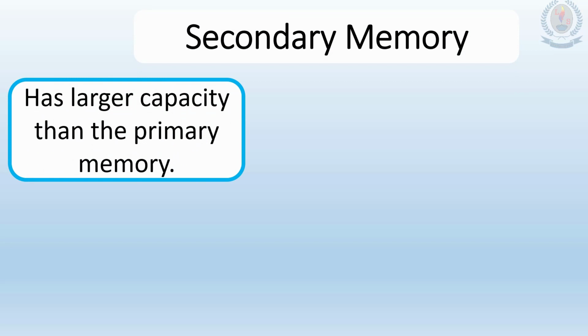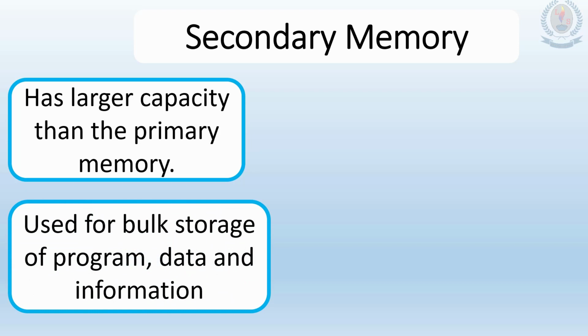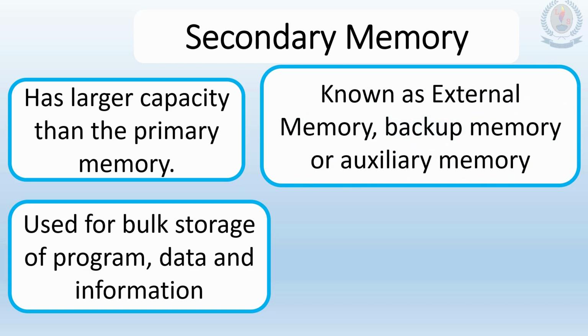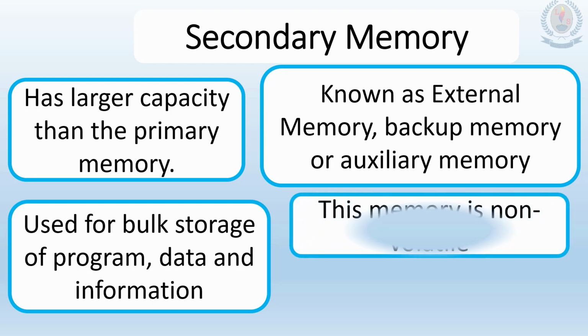Secondary memory has a larger capacity compared with the primary memory, and it is used for bulk storage of program data and information. It is known as the external memory as well, also the backup memory, because it's not inside the CPU, therefore we call it external memory.